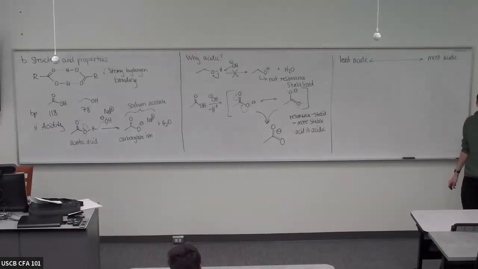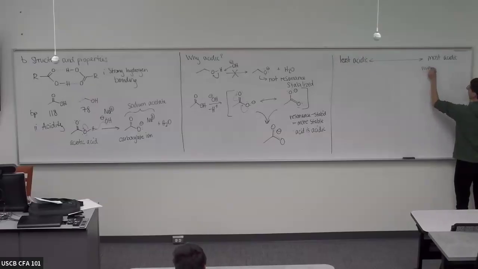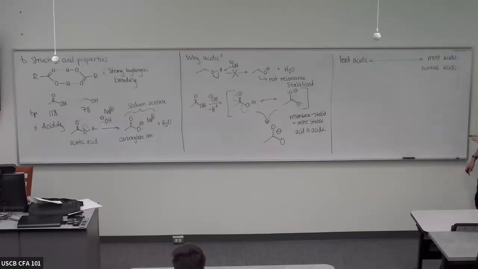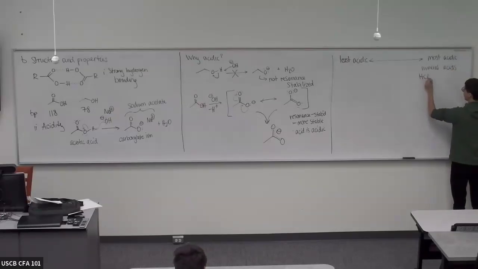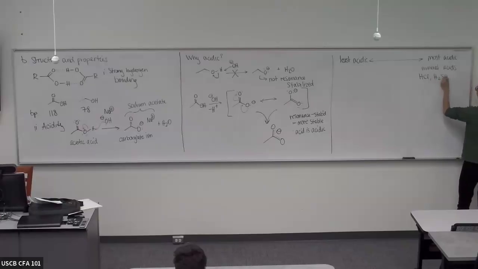So what would you rather spill on your hand, acetic acid or sulfuric acid? Acetic acid, okay. So the most acidic kinds of acids are sort of inorganic mineral acids like HCl, sulfuric acid, nitric acid, et cetera, et cetera. Sort of the standard ones that you use in general chemistry.